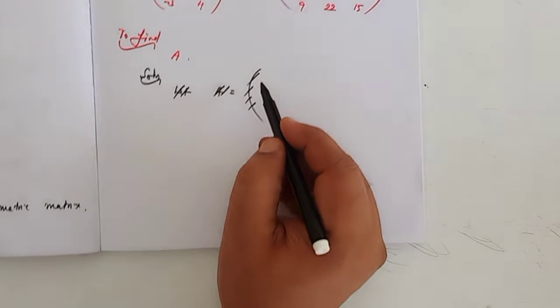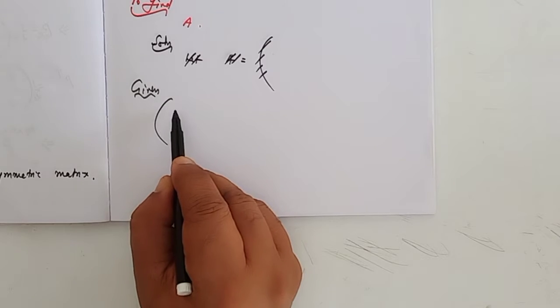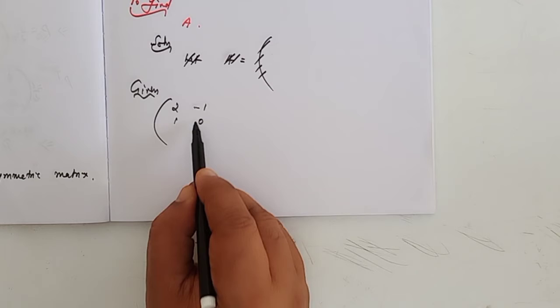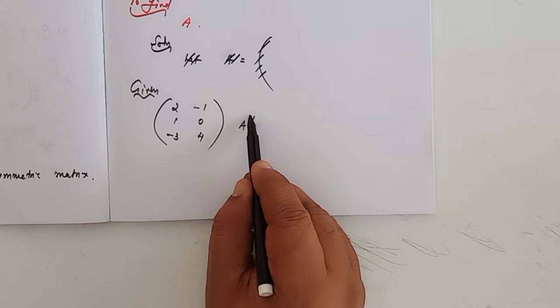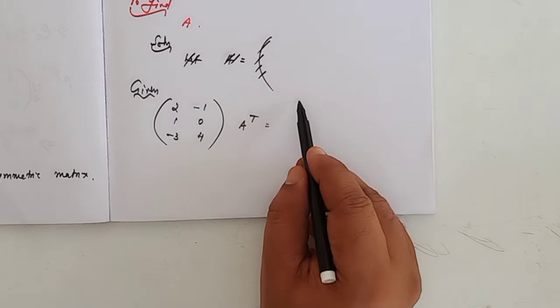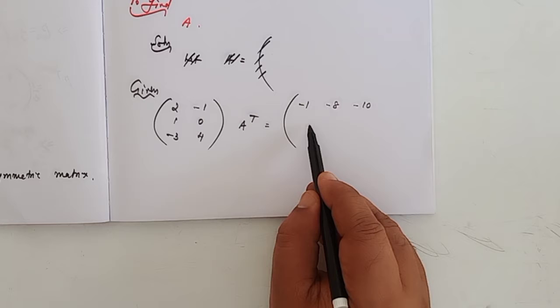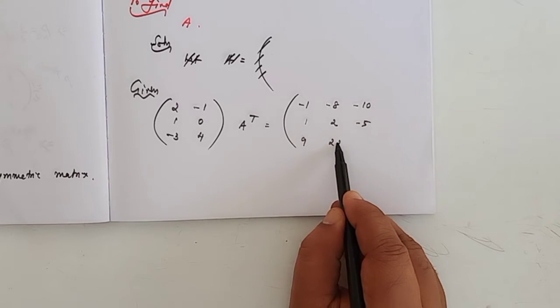So what is given here? Given: the matrix 2 minus 1, 1 0, minus 3 4, into A transpose, is equal to minus 1 minus 8 minus 10, 1 2 minus 5, 9 22 and 15.